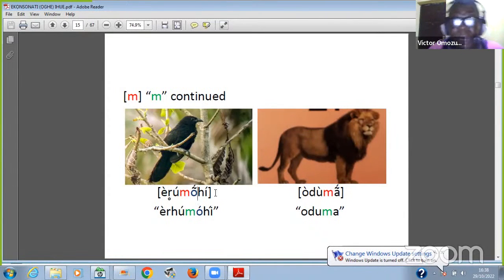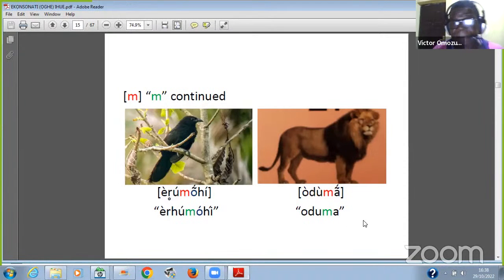So that is a rumoi. You can see the bird there, the bird that is called a rumoi in Edo. And then Oduma.